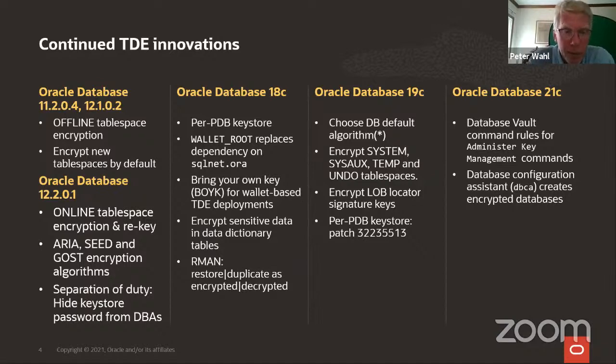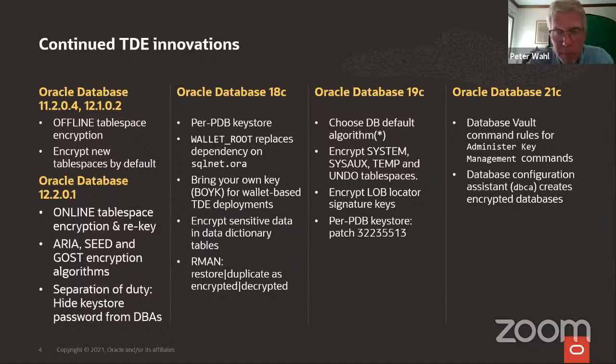In Oracle Database 12.2, we allowed you to encrypt and rekey the tablespaces online, which means there is no application downtime. We added the ARIA, SEED, and Russian GOST encryption algorithms. And we had a new feature that allows you to hide the key store password.